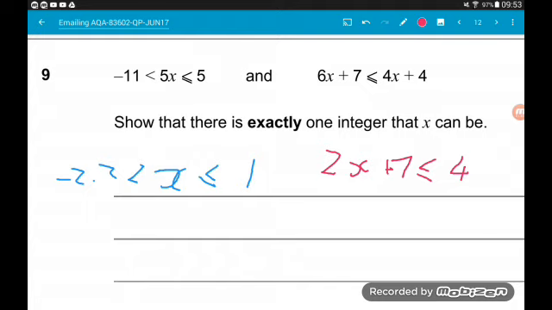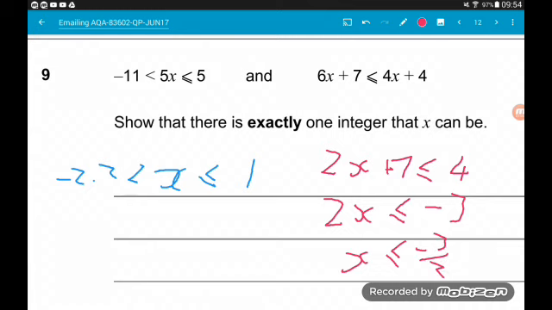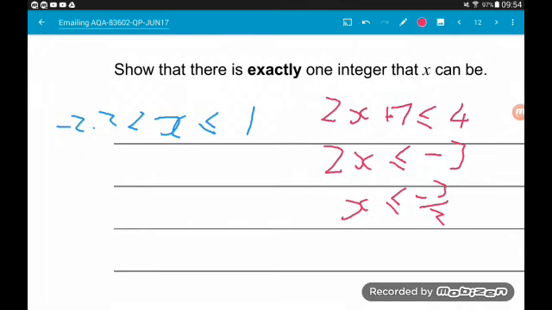If we then take away the 7, 2x is less than or equal to minus 3. If we divide by 2, x is less than or equal to minus 3 over 2, which is minus 1.5. So x is less than or equal to minus 1.5.